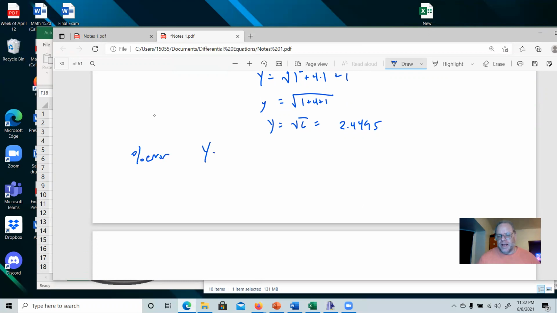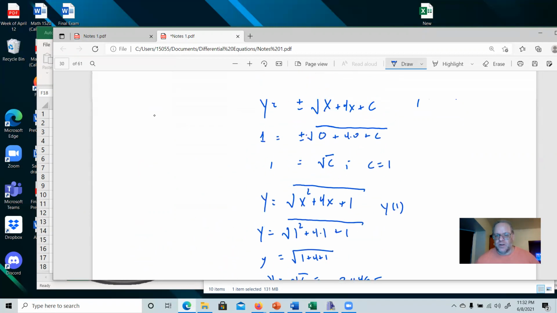This is y actual minus y experimental. The numerical one is the experimental. The actual one is the one we solved. Divided by y actual in the absolute values times 100. Okay, so actual minus experimental divided by actual. It doesn't really matter which order you put these in because we're getting the absolute values.